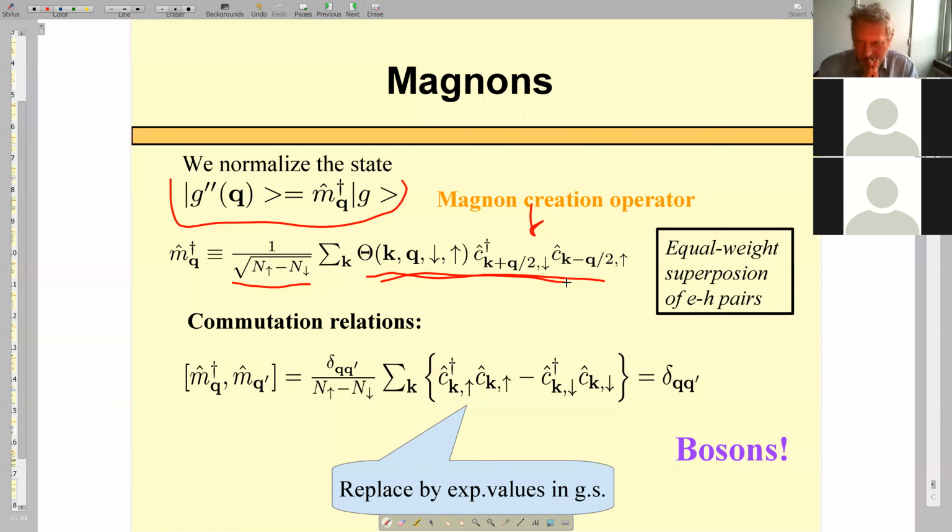So in fact, we have created an electron-hole pair, but it is in a superposition of all possible states which differ in K. Equal weights superpositions, so all coefficients here are 1 or 0.